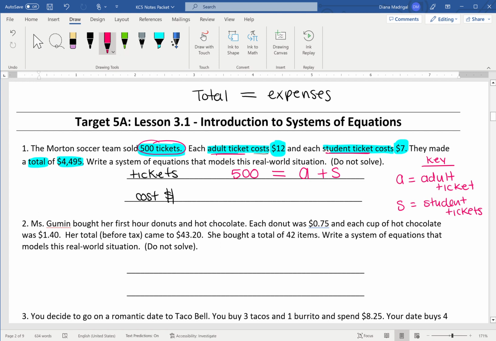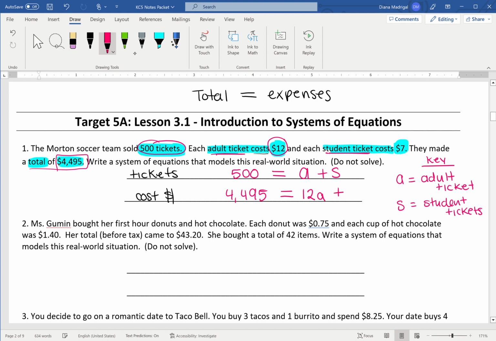All right, the next one. I am going to use the cost, the money. Remember, you start with the total. Well, how much is the total for the money? The total is $4,495. On the other side is the expenses. Where are you getting this money from? Well, I'm selling adult tickets for $12, so it's 12A.